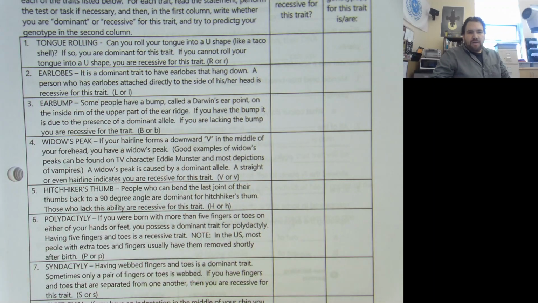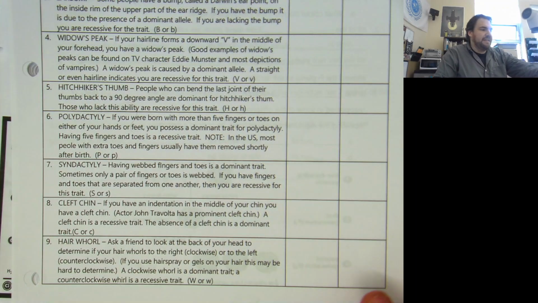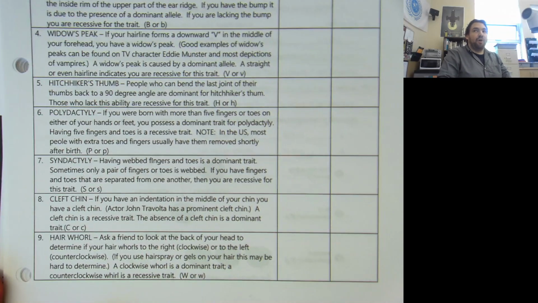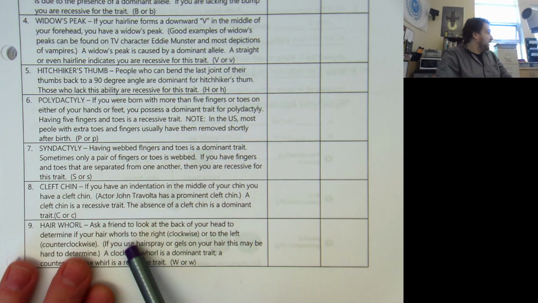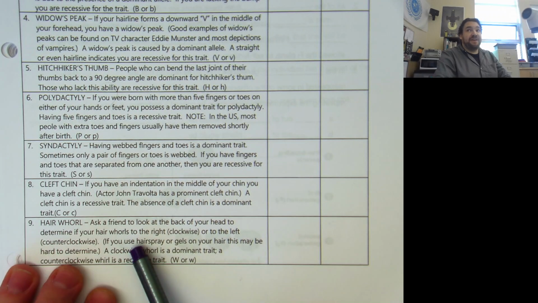Okay, so this is an interesting one to talk about, the hair whorl. Because I've said a bunch of times at this point already, we are going to oversimplify how this gets played out. And this hair whorl trait is an example of this.